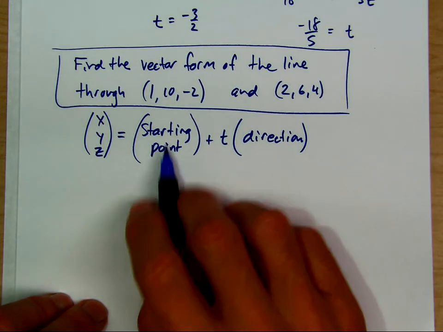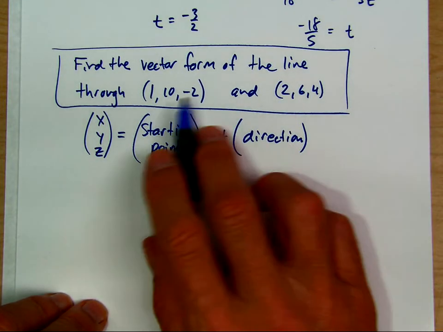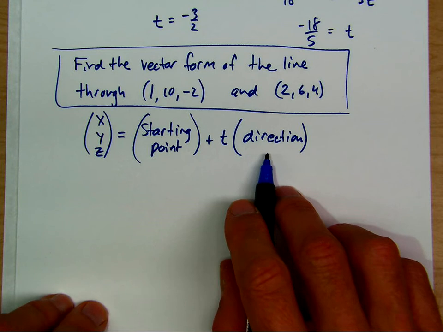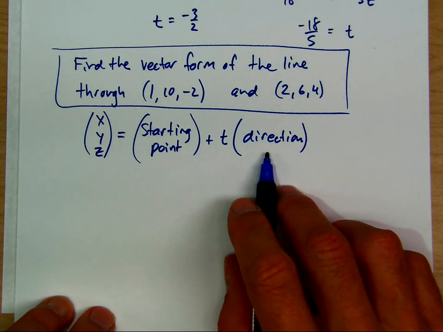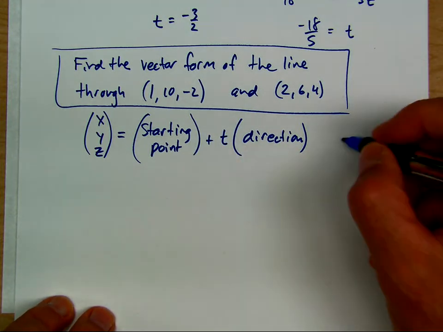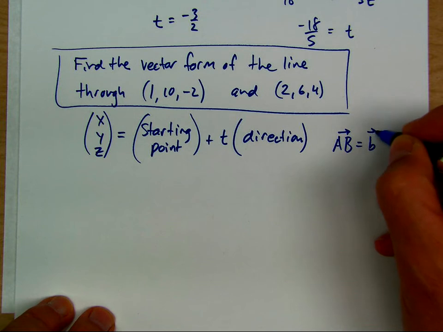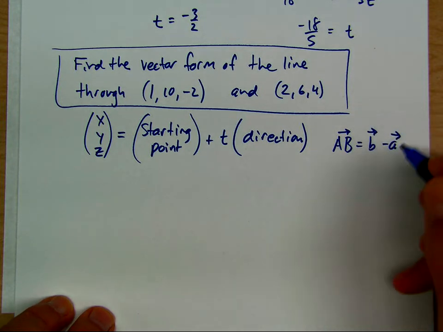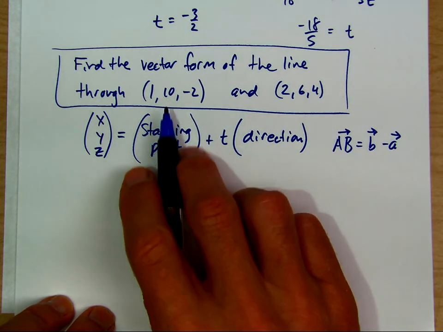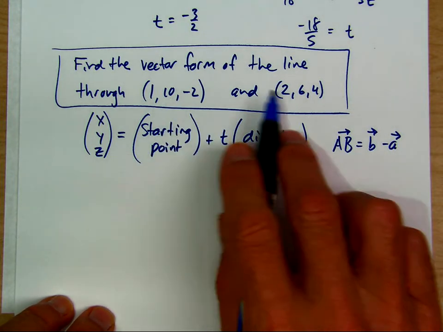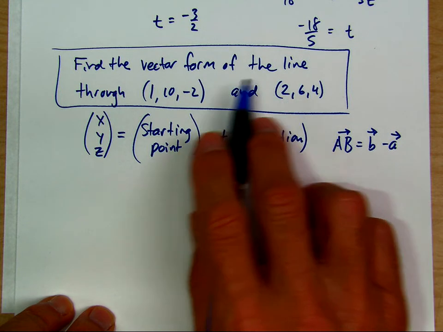So we know a starting point. It could be either one of these, and we just have to find the direction. Remember that the vector from A to B is B minus A. And so if we want the vector from here to here, we just go this vector minus that vector.